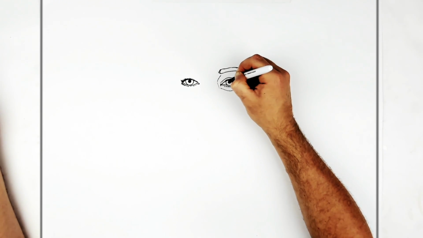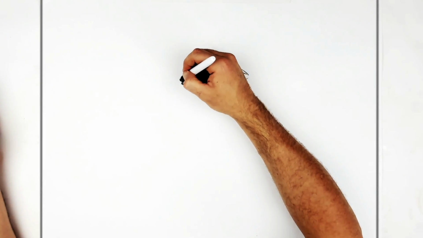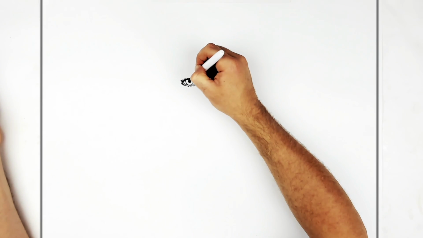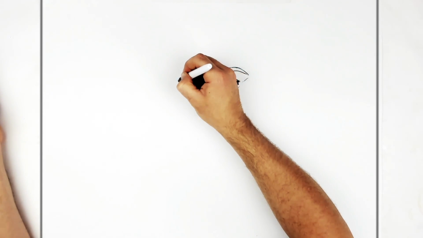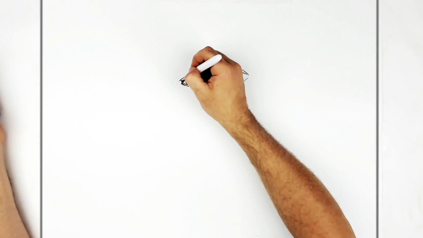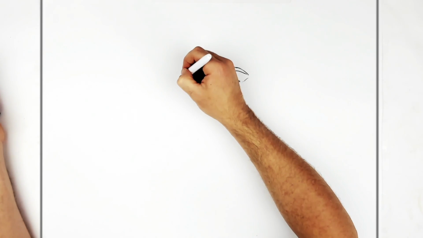I want to just bring the pupil a bit closer to her top eyelid line on this side. Okay. So then she has a top eyelid line up here, comes across, down like so, and then that sort of bag around her eye there.